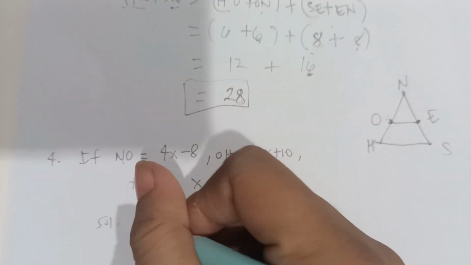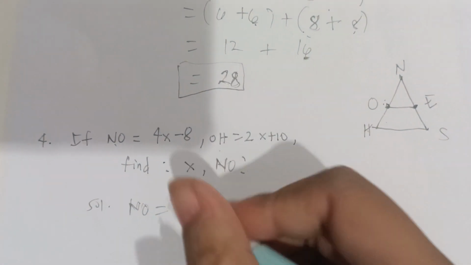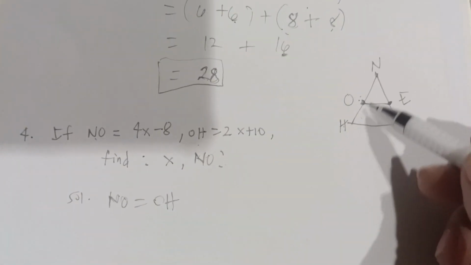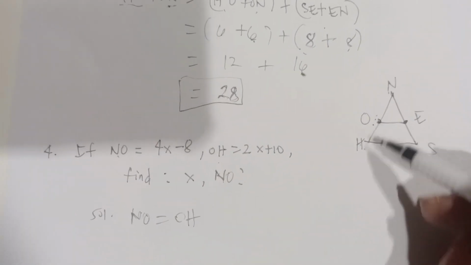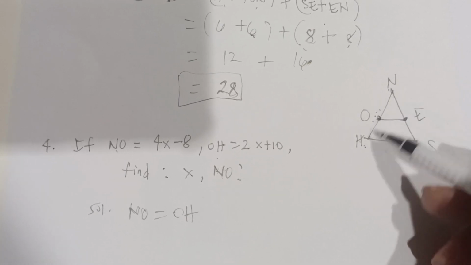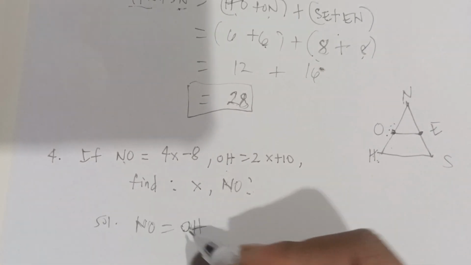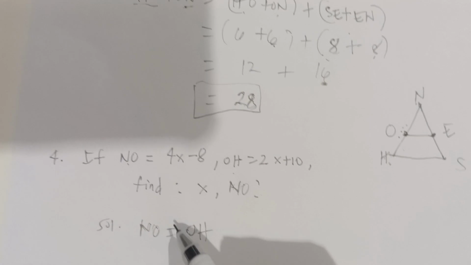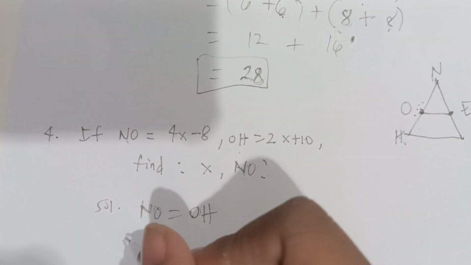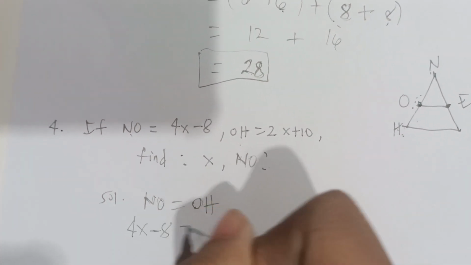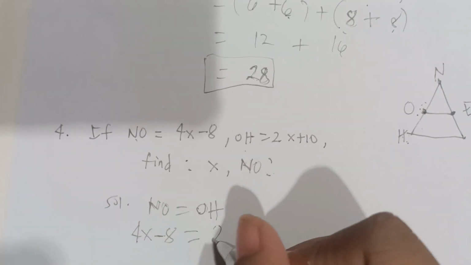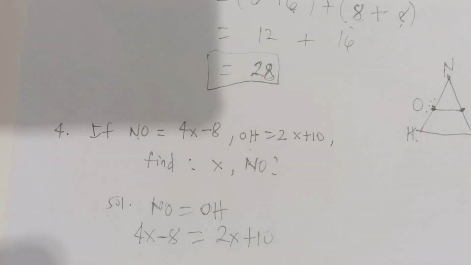So therefore, our formula would be NO is just equal to OH, because this is the midpoint, it is just half. Therefore, by substituting, you already know this from the previous topics, this would be 4x minus 8 equals 2x plus 10.